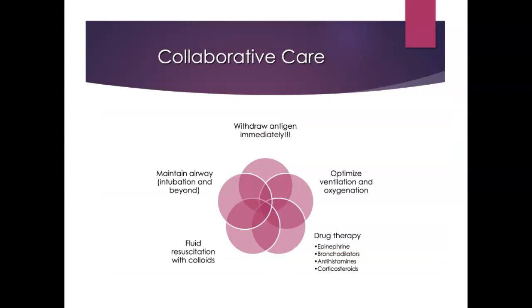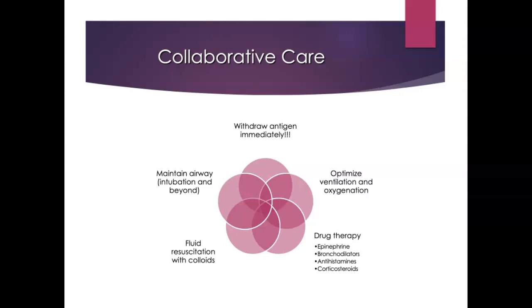So one of the first things that you're going to do is withdraw the antigen immediately. So if it's, let's say, an anaphylactic reaction to a blood infusion, you would immediately stop that. If it's from a contrast dye, you would immediately stop that. You want to optimize ventilation and oxygenation, so you're right into your ABCs. Drug therapy is really important.